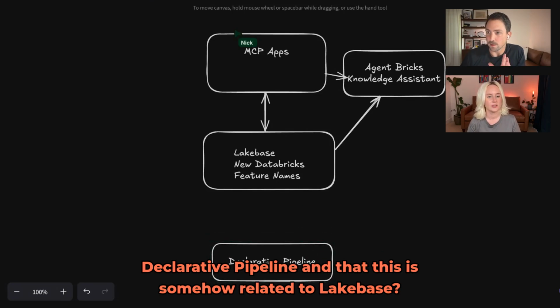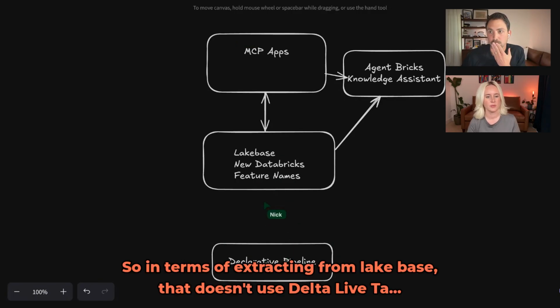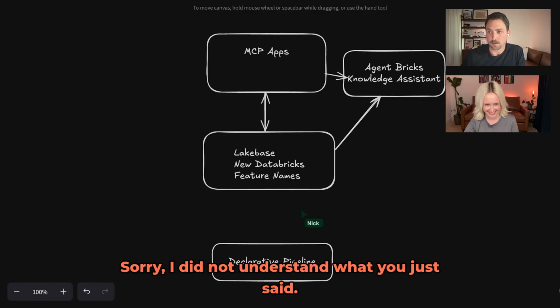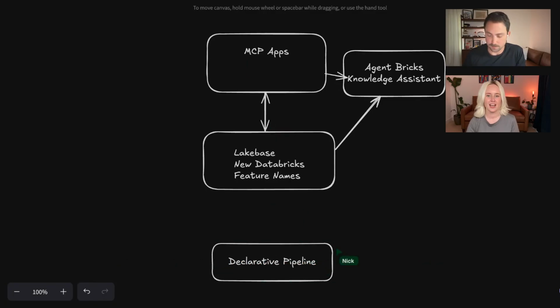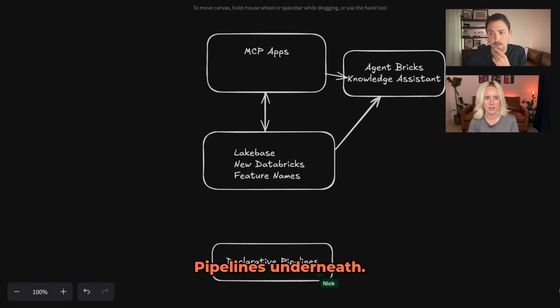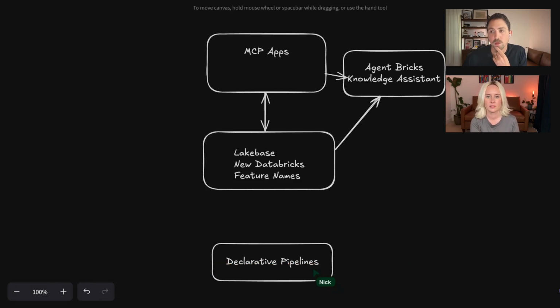Like, can I feed my Lakebase with this, the reverse ETL situation? It's the other way around. In terms of extracting from Lakebase, that doesn't use Delta Live Tables declarative pipelines underneath. Wait, say that again. Sorry, I did not understand what you just said. So the sync is bidirectional, but only one direction I think uses declarative pipelines underneath, and that is the extraction from Lakebase. Okay.